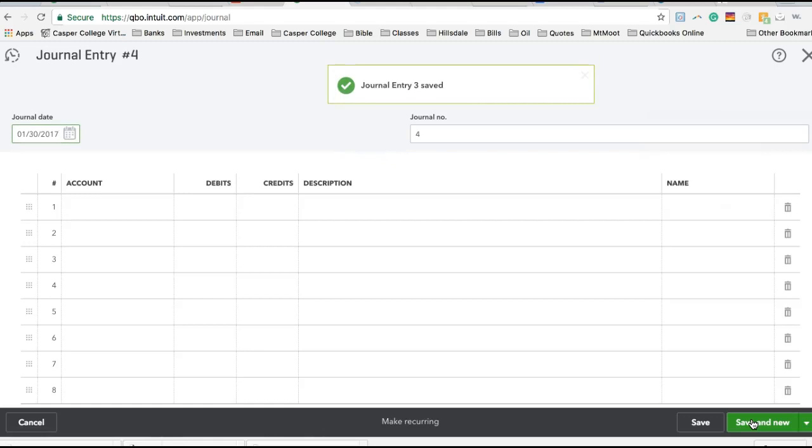Now, the important thing as you work through this, and what I implore you to do, is to go look at either your trial balances, which would be a great report to look at as of 1/30/17, and even more so your balance sheet, to see what happened to that opening balance equity and how it was posted within that particular report. Okay, so that's your assignment after we make these particular adjustments.